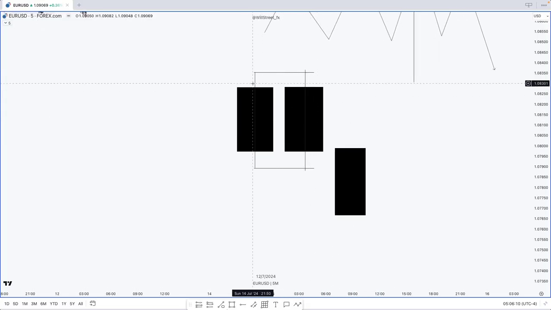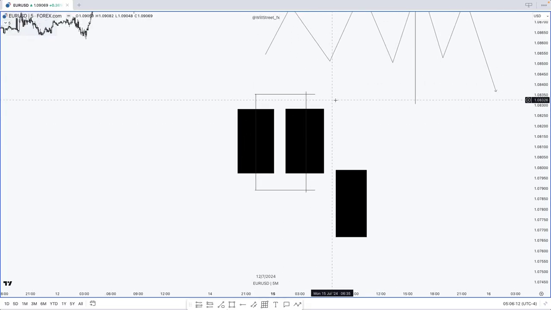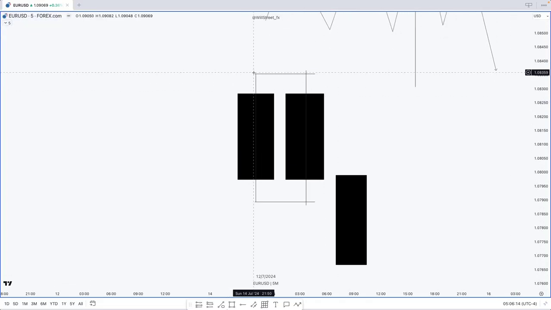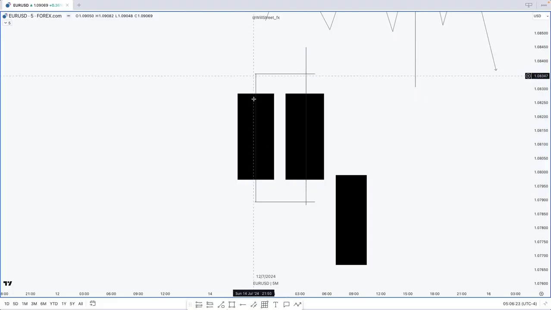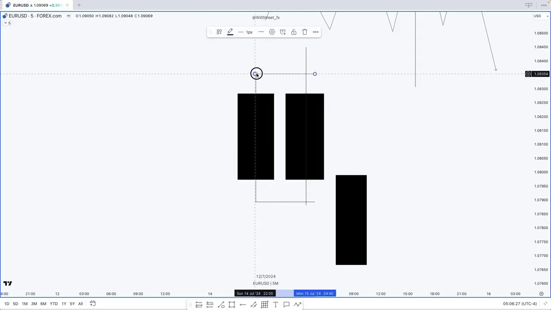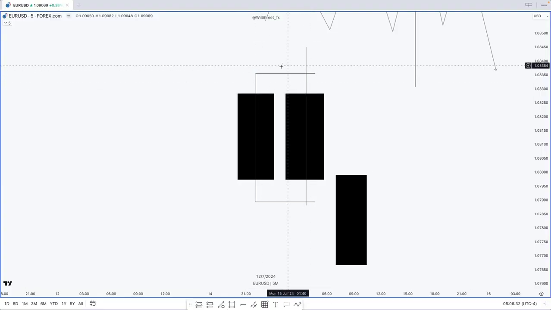Why? Imagine this is a 4 hour candle. Here there are real positions protected by that high. So mitigating the candle means it tries to go to every stop loss that there is in the market.